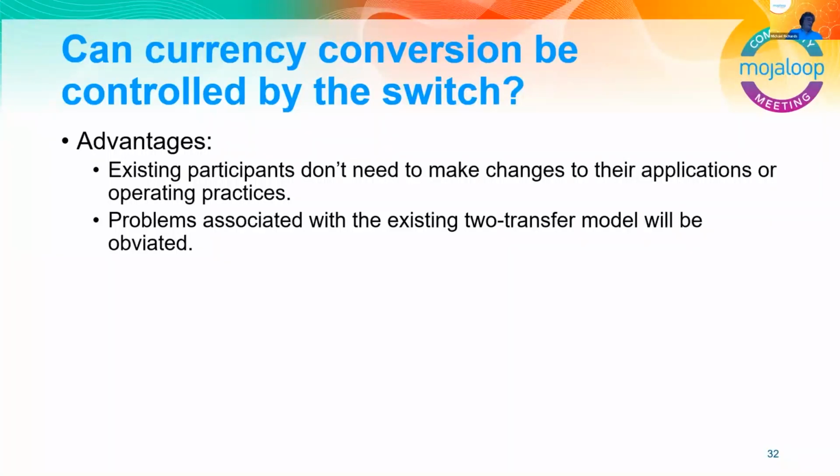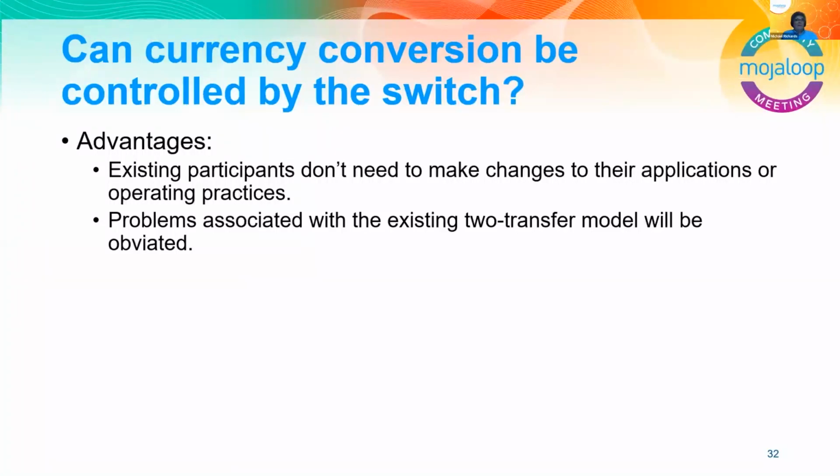Yes, so as you know, we have currently been implementing a very simple currency conversion model, which effectively says that each transfer which uses currency conversion will be split into two transfers. One between the payer DFSP and the foreign exchange provider in the source currency, and a second between the foreign exchange provider and the payee DFSP in the target currency.